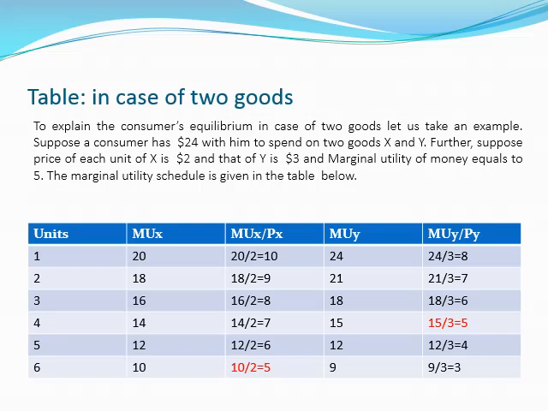Now the 6 units of X cost 6 times 2 equals 12, and the 4 units of Y cost 4 times 3 equals 12. 12 plus 12 equals 24.